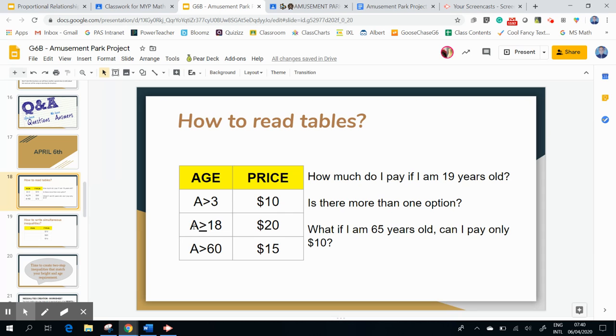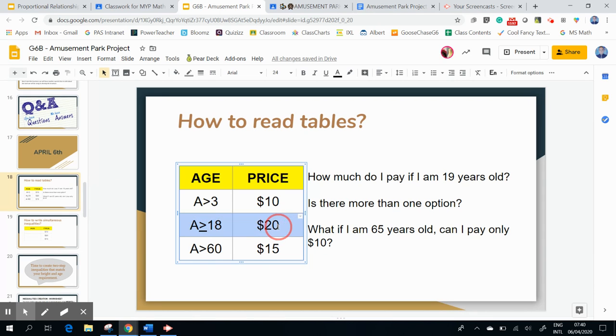Some people might have answered, well, I'm 19 years old, I follow here $20 because I am over 18, right? But if I am 19 years old, ain't I over 3 years old also? So I could be paying $10. So we have two answers.